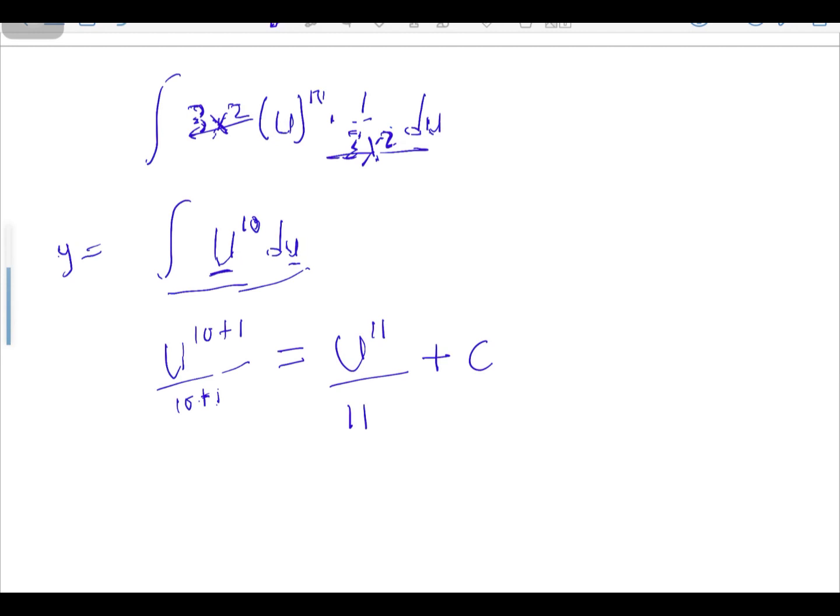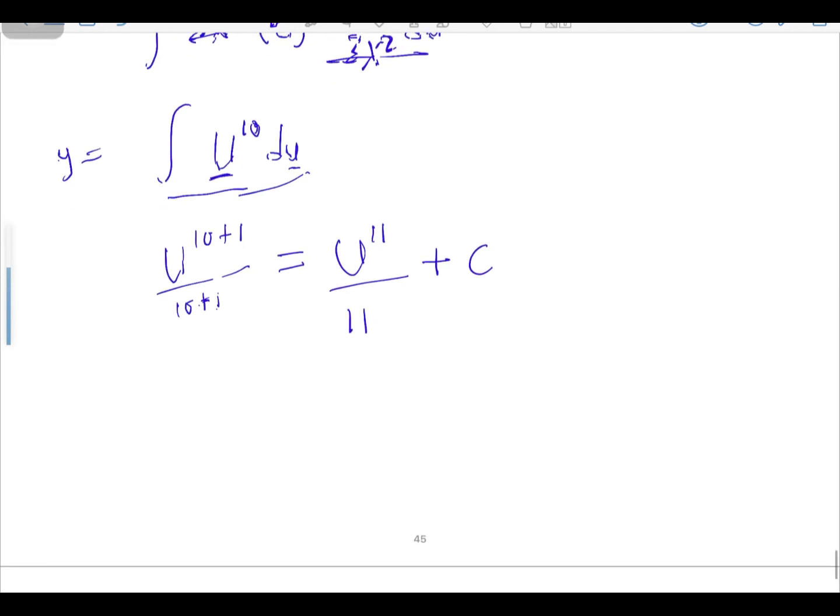So basically, we got u power 11 over 11 plus c. But remember that in our initial stage, we said let u equal x power 3 plus 1.